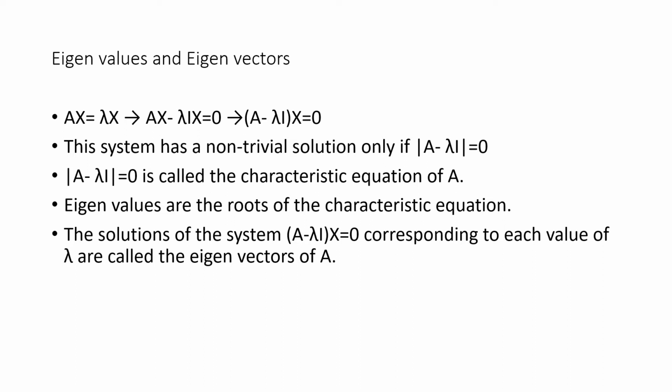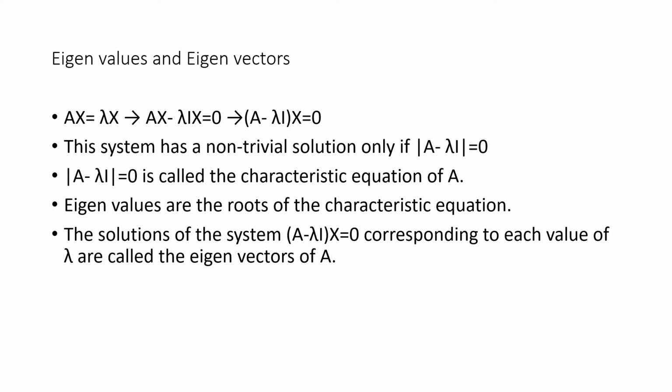As the RHS and LHS are of different orders, in order to combine them, we have to make them of the same order. For that, multiply the RHS by the identity matrix of order n and then subtract RHS from LHS. Thus, we get Ax minus lambda Ix equals 0, or (A minus lambda I) x equals 0.